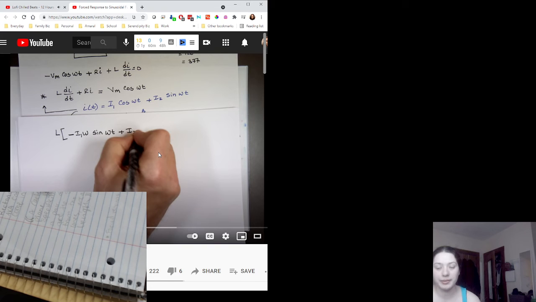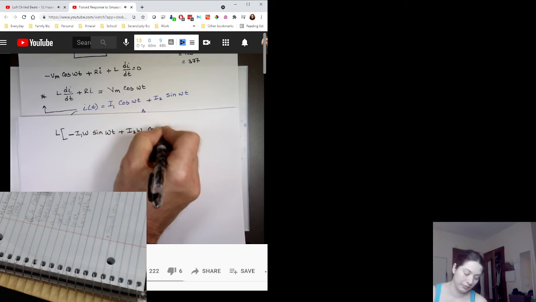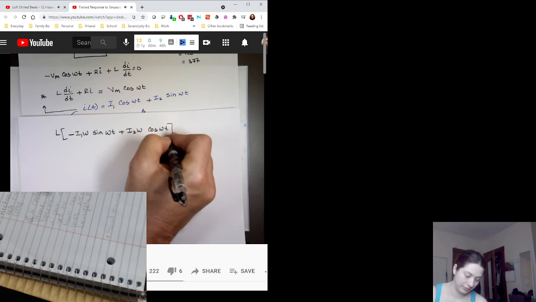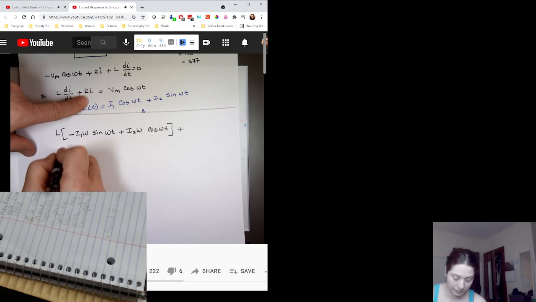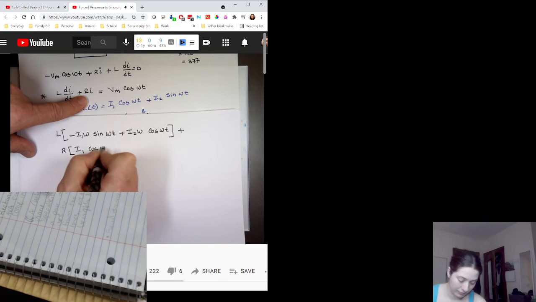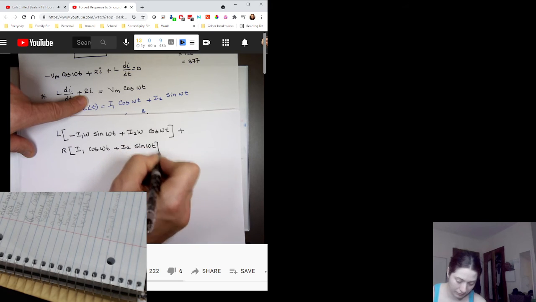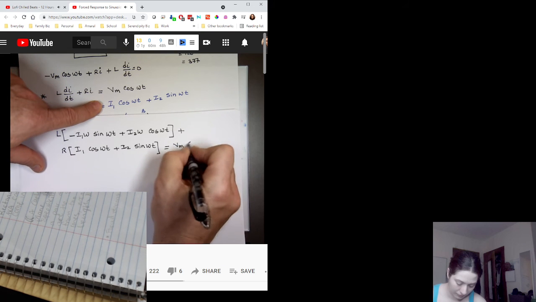Sounds dope. L cosine Wt plus R times I. R is this one times I, which is what? I1 cosine Wt plus I2 sine Wt. All of that should equal Vm cosine Wt.